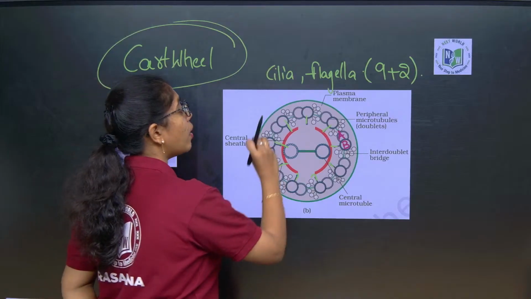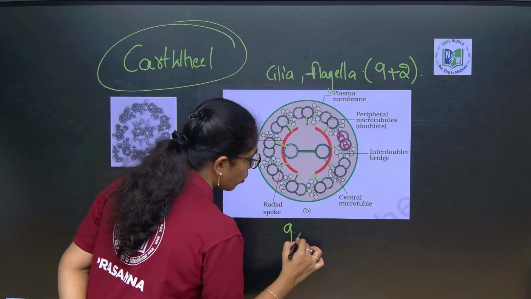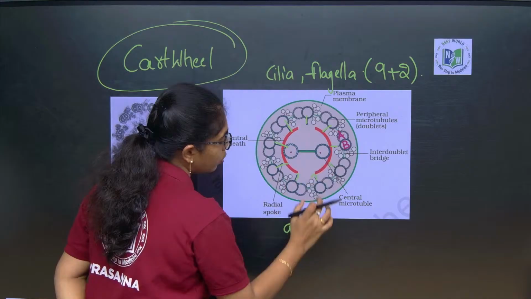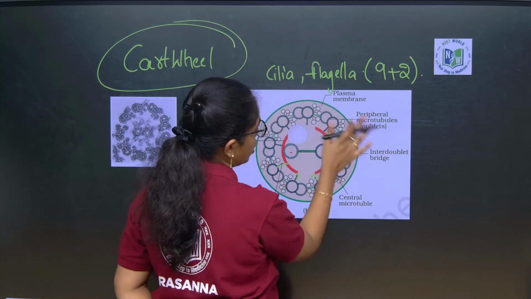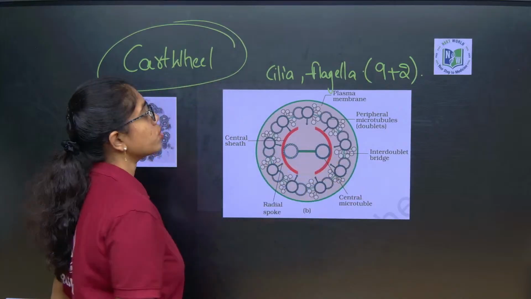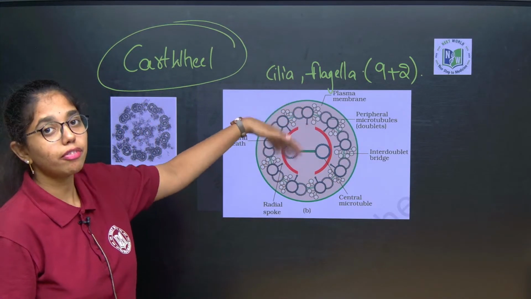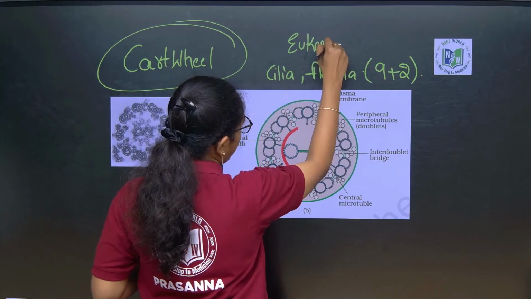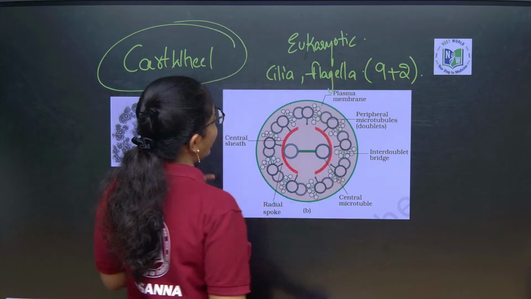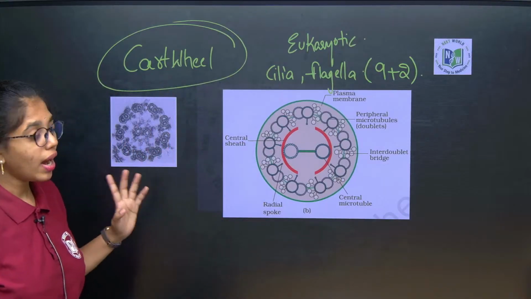So here you have 9 radial spokes plus the central 2 microtubules. So this is the 9+2 arrangement. You will see the 9+2 arrangement in the cilia and flagella of eukaryotic cells.